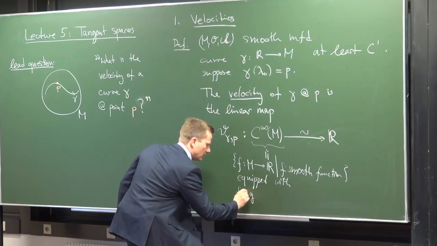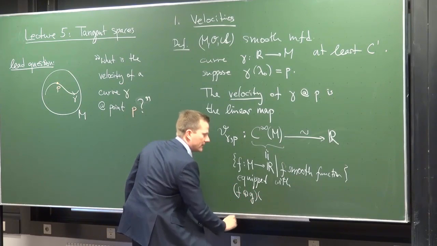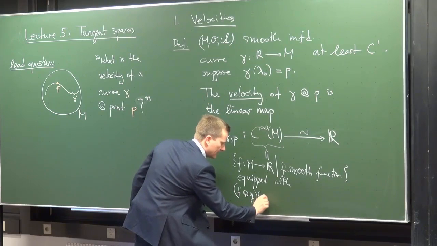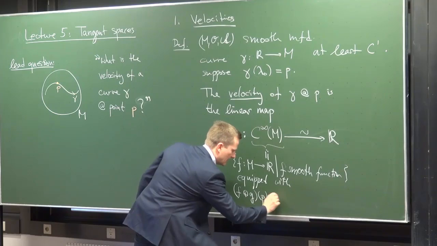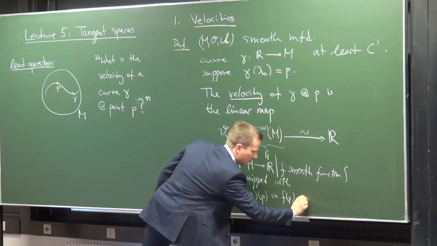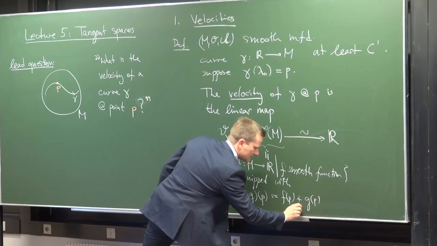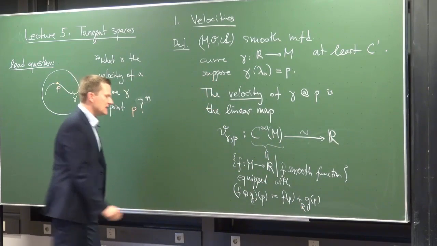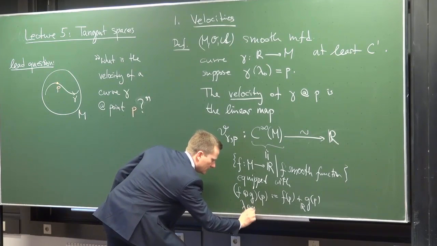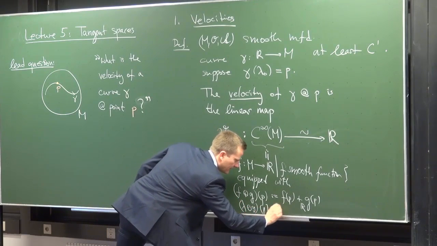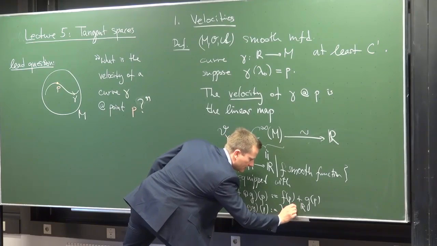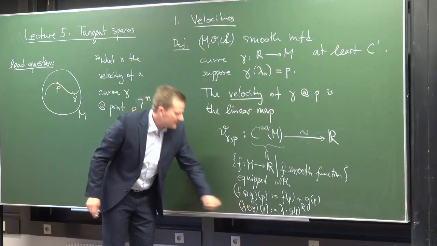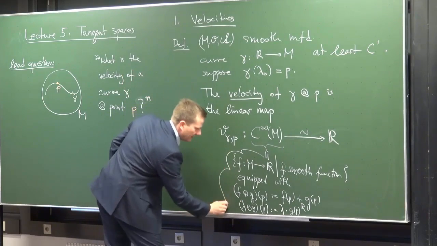So two of those are added: I declare the addition to be a smooth map again, defined at a point P of the manifold as f of P plus g of P, where this plus is now the plus in the real numbers where these functions take their values, and similarly lambda times f of P defined as lambda times, in the real numbers, f of P. And the set with these two operations is a vector space.